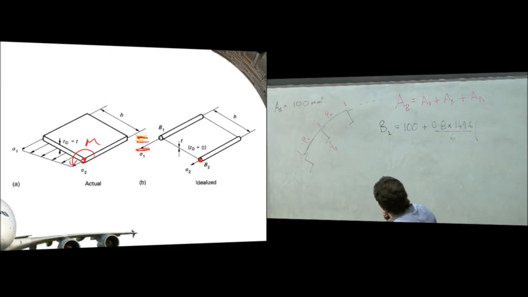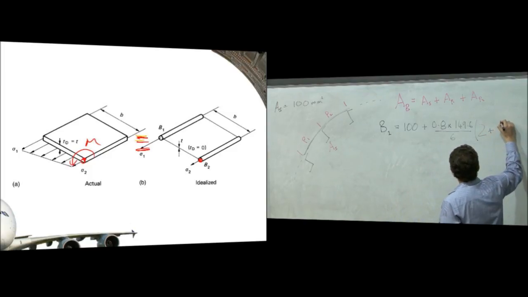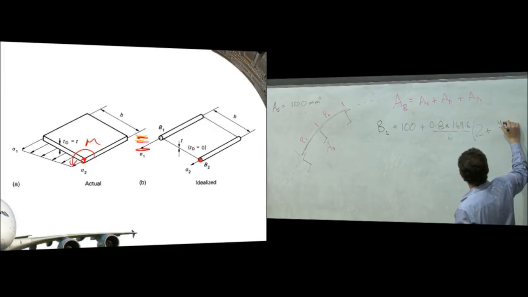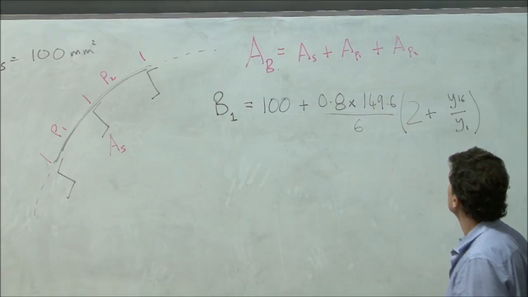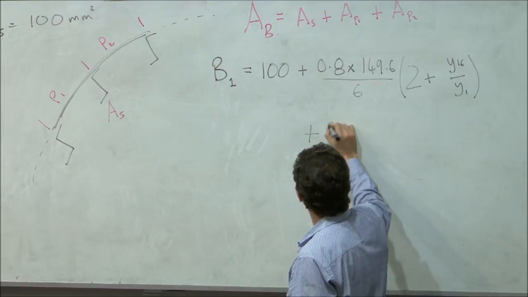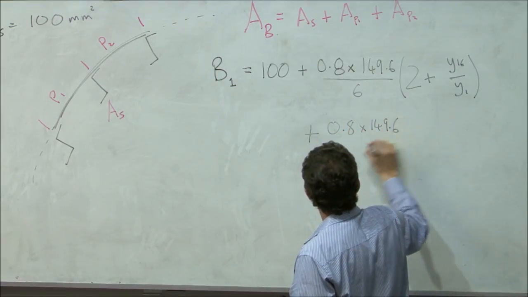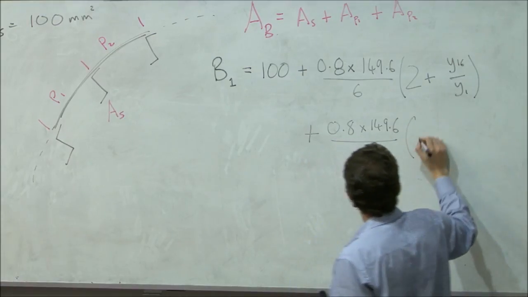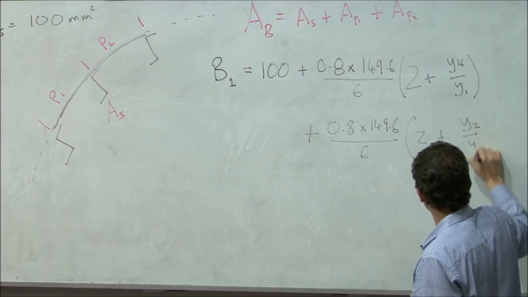So the position of the boom is always on the bottom, and the position of the neighbour is always on the top. So we've got 2 plus y16 over y1, plus, again, 0.8 times 149.6 over 6, 2 plus y2 over y1.